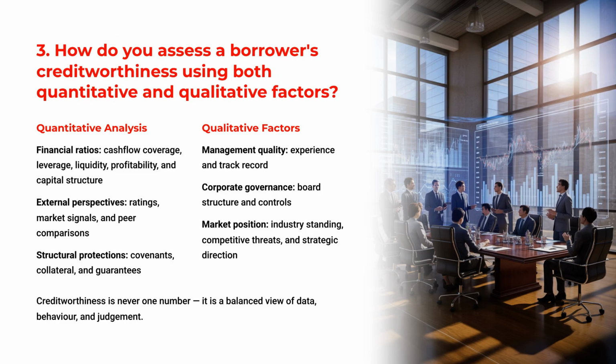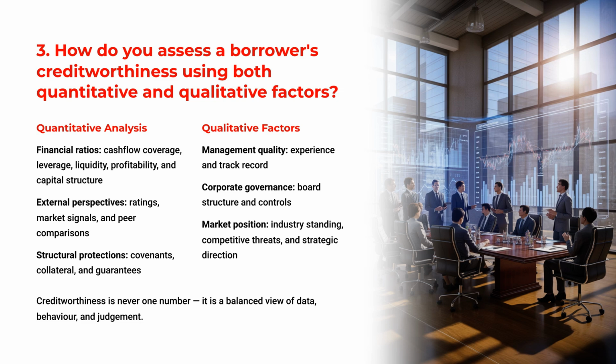How do you assess a borrower's creditworthiness using both quantitative and qualitative factors? Start with quantitative data: financial ratios, cash flow coverage, leverage, liquidity, profitability, and capital structure. Then, review qualitative factors: management quality, corporate governance, industry position, competitive threats, and strategic direction.